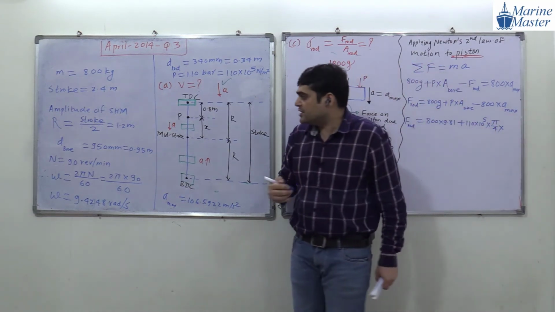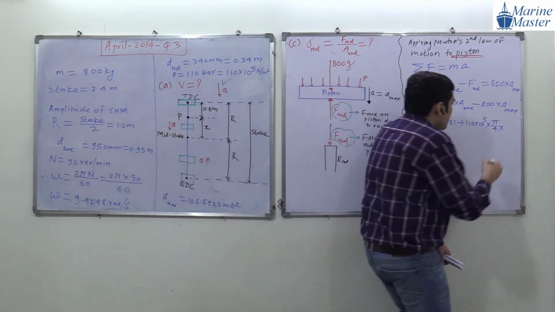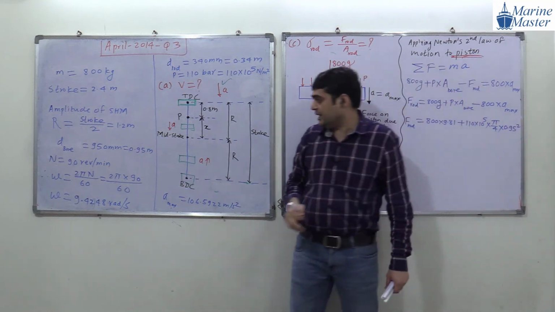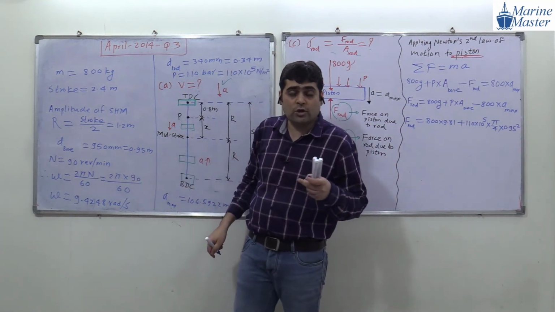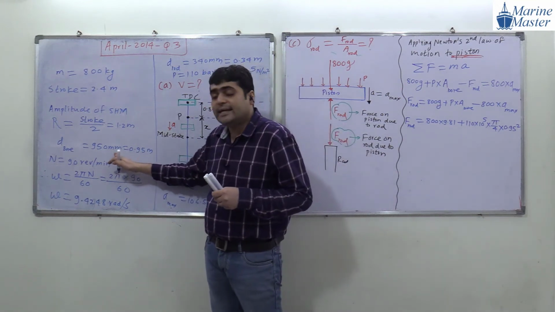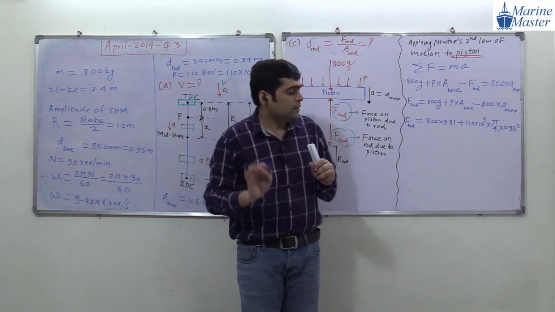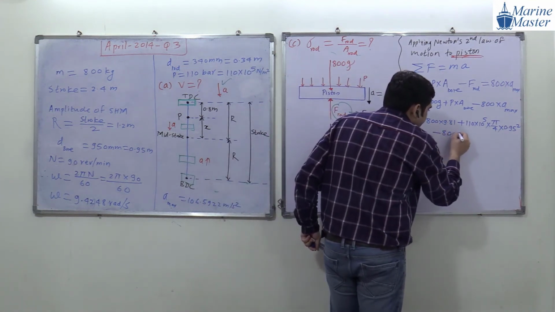How much is the diameter of bore given? 0.95. So area of bore is pi by 4 into 0.95 square. Check it in your numerical, guys, diameter of bore is 0.95.